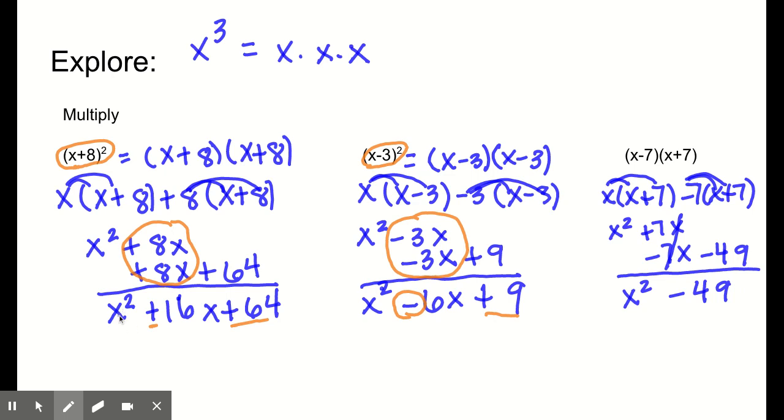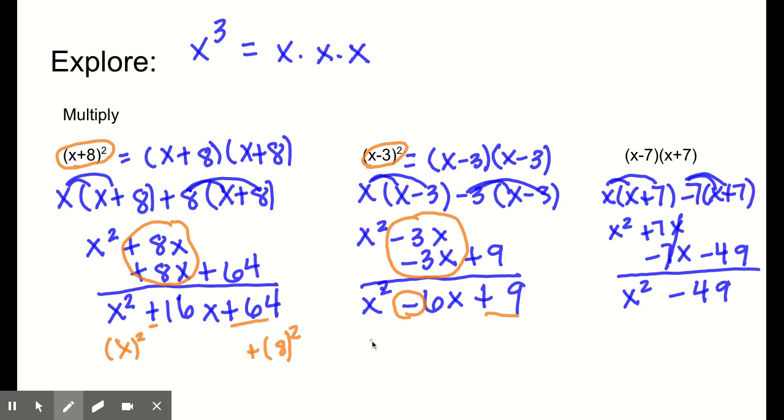Well, right here, we have the first term in the binomial, x to the second power. And right here, we have the last term in the binomial, positive 8 to the second power. Well, did that happen over here? Let's look.